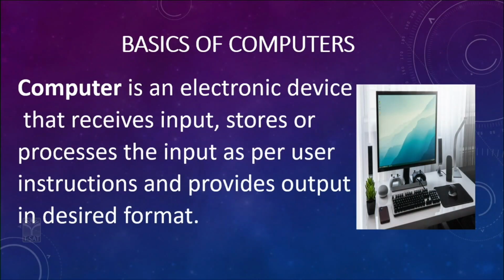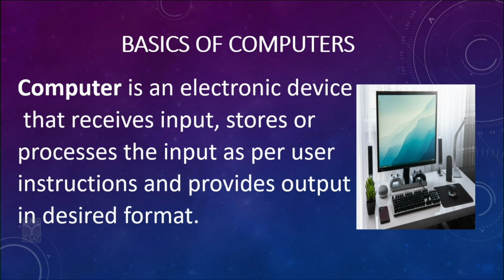That's very important. A computer is an electronic device that receives input, stores or processes the input as per user instructions and provides output in the desired format. It's an electronic device.